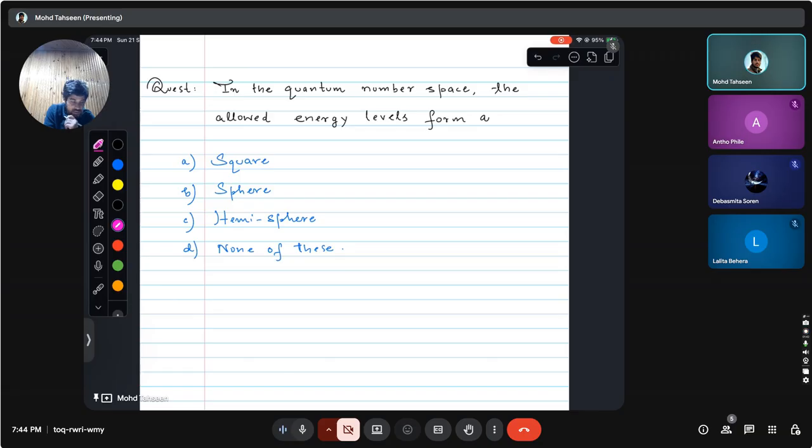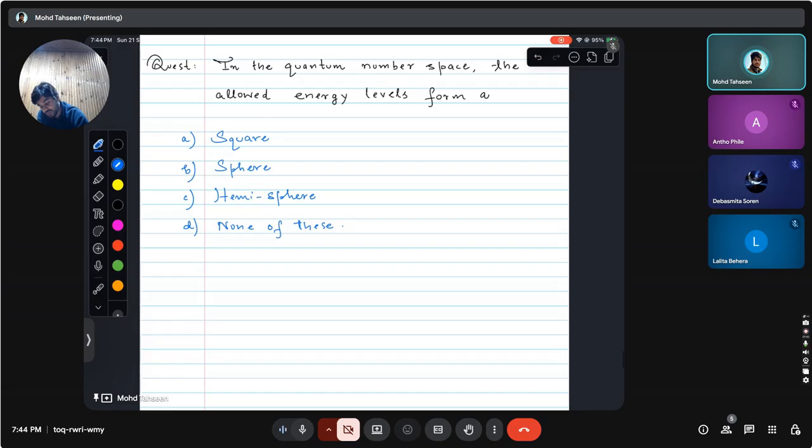So it doesn't necessarily have to be a sphere, because it is the energy levels. So what forms the sphere? If we recall that expression, we have nx square plus ny square plus nz square equal to constant, and this is for a constant energy.